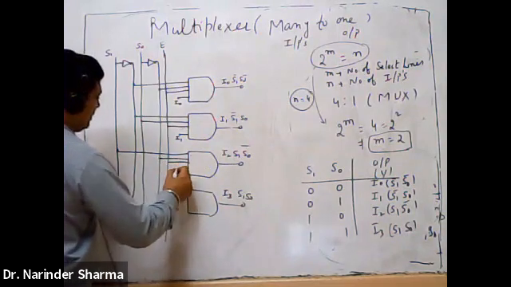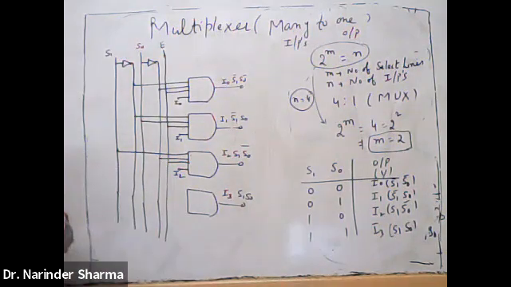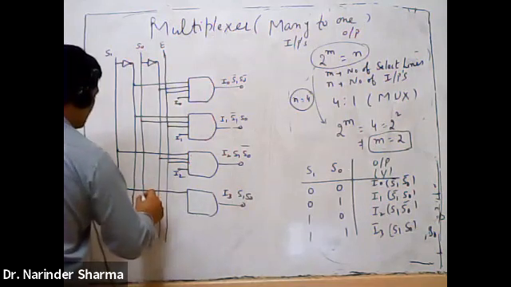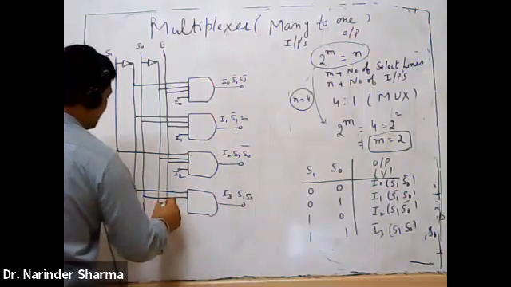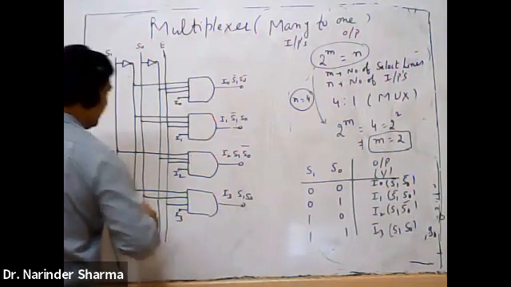Enable is there. Then I3, S1, this is your S1, this is your S0. Enable is there. And this is your I3.